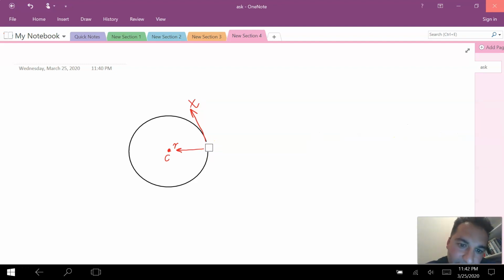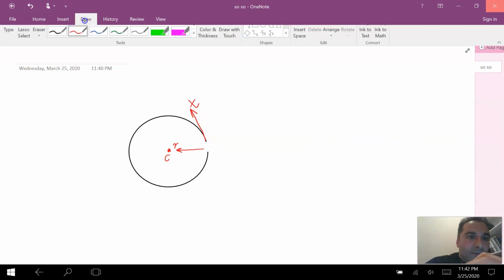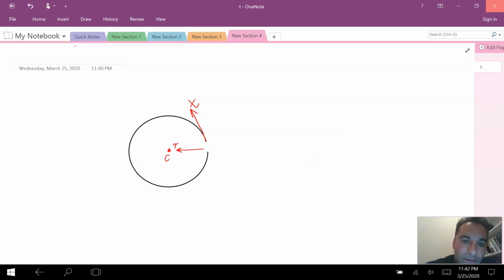Z is this. So this is what I have: R, T, and Z. Radial axis, tangent axis, Z-axis.